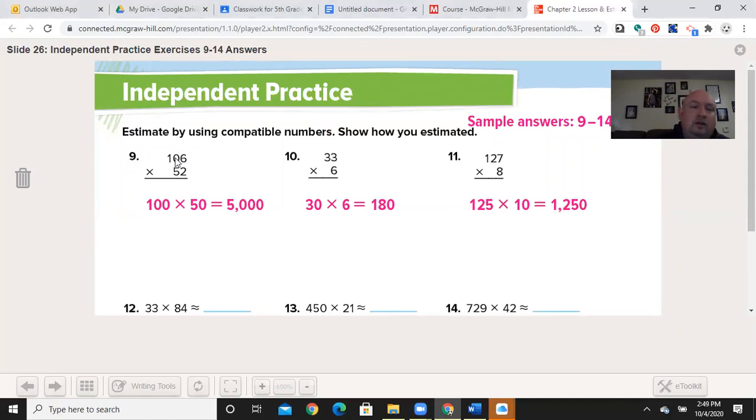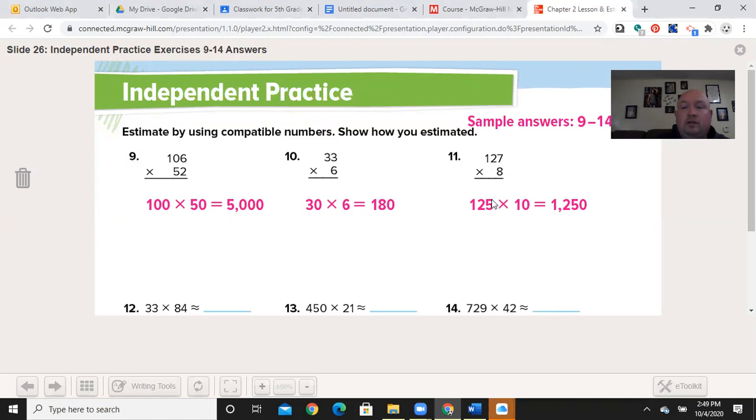So even though this would technically round to 110, we went to 100 because that's easier mentally. 33 times 6, go 30 times 6. Some of you may have gone 30 times 10, but 300 and 180 is a pretty good margin of difference there. 125 times 10. Notice in this case, they went in the middle.